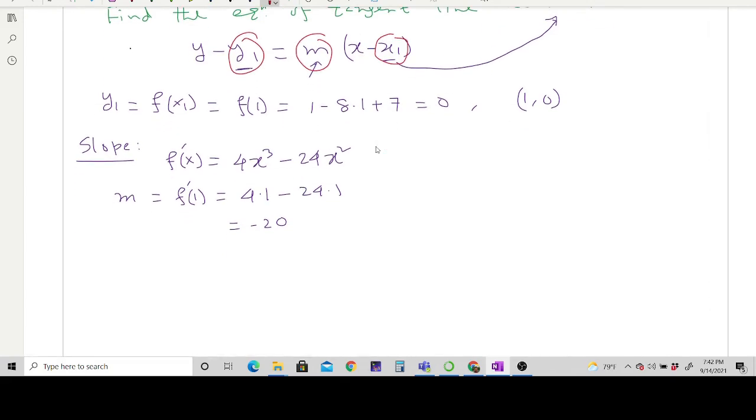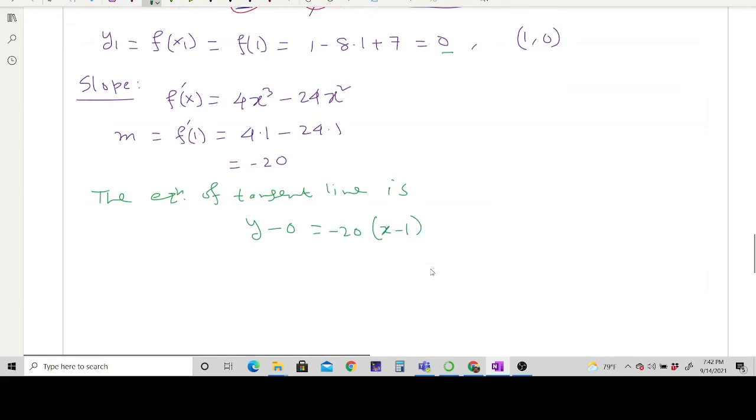The equation of the tangent line is y minus y1, where y1 is 0, so y minus 0 equals m times x minus x1, where m is negative 20 and x1 is 1.